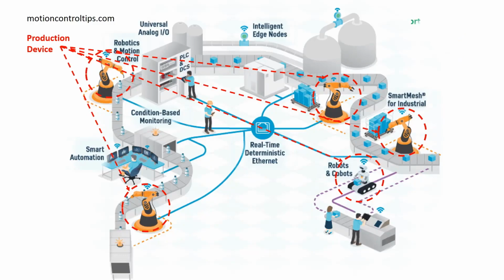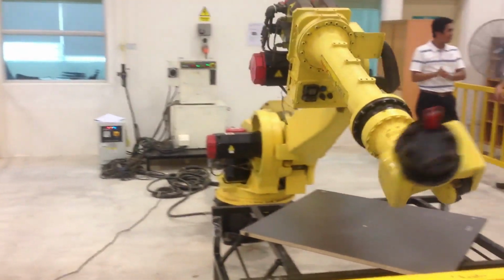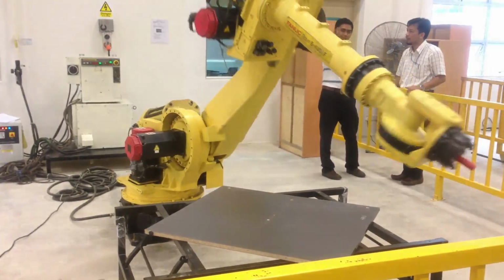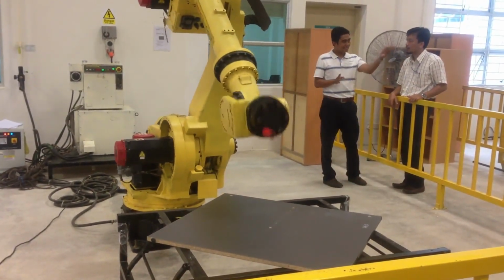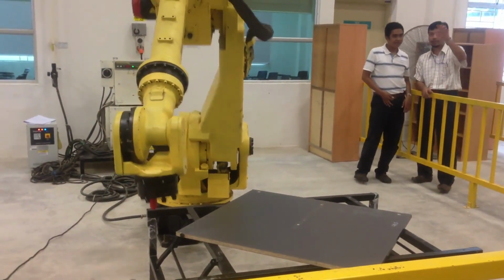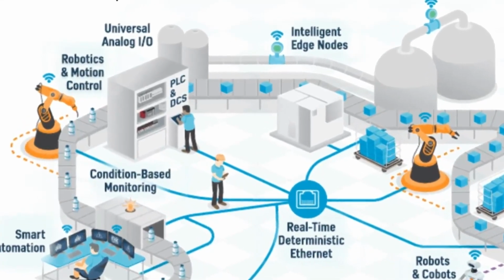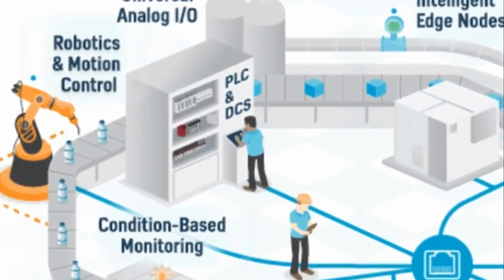For the support devices, of course, we support all the main needs of the production devices, like communications and sensoring, because these production devices contain control systems to perform the precise, desired operations that have been set by the handler or the technical persons.